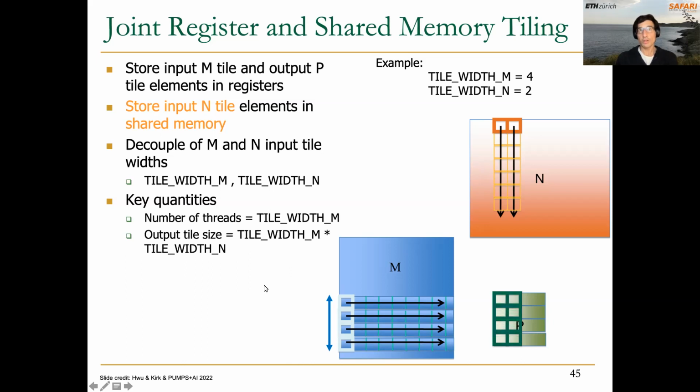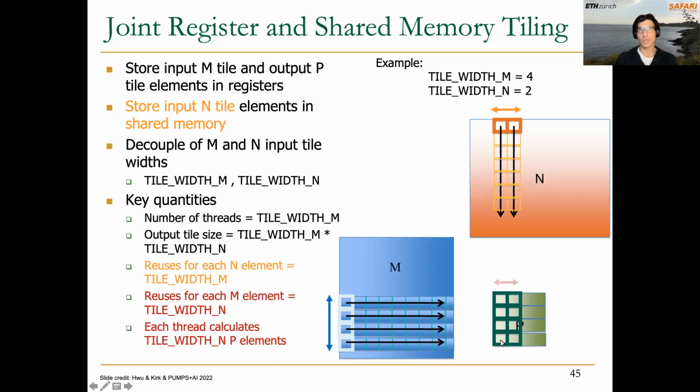Another important quantity is the output tile size that we already know is 4x2, which is tile width M times tile width N. Each element of N is going to be reused 4 times in our example, tile width M, because we use this element to compute this element, this element, this element, and this element of the output tile P. The number of reuses of each M element is tile width N. So this element here, thread 0 is going to use it to compute this element and this element.